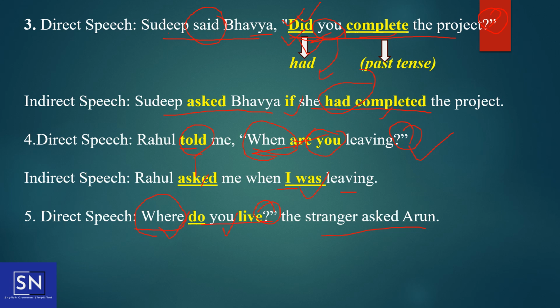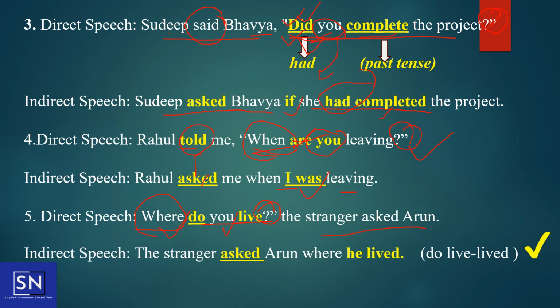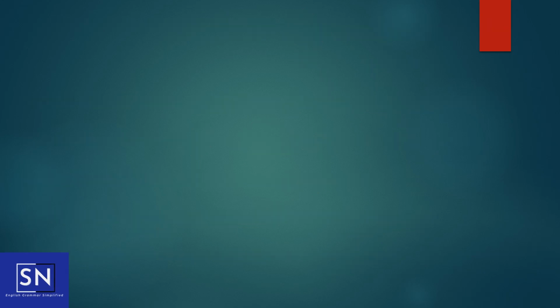Don't change do into did. Do live, lived. Do wish, wished. Do look, looked. Do hear, heard. So the stranger asked Arun where he lived. First WH, then subject, then the verb. So do live, lived, is correct. Did live is a wrong usage.